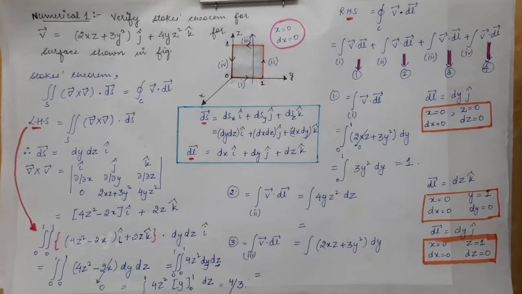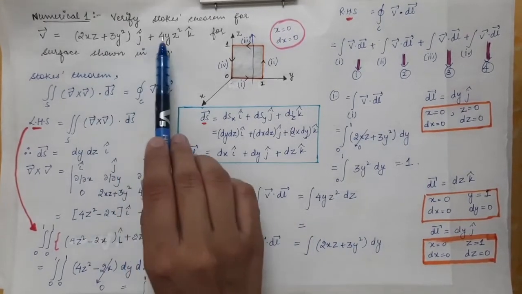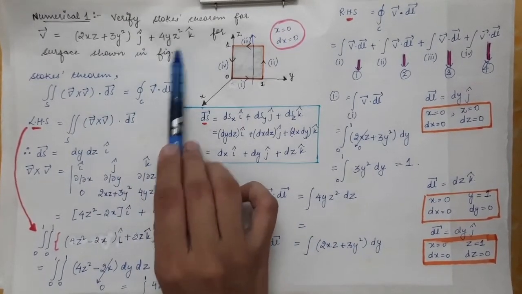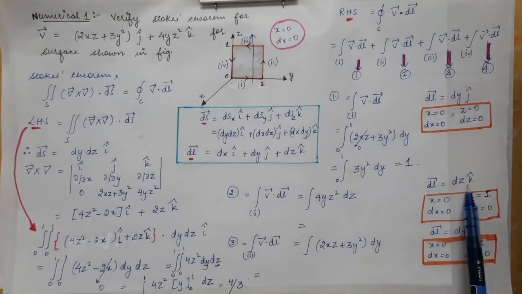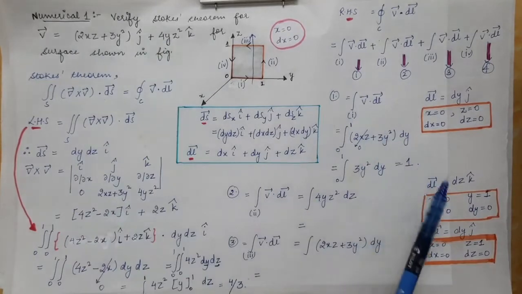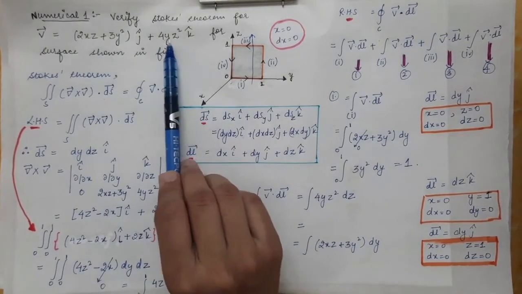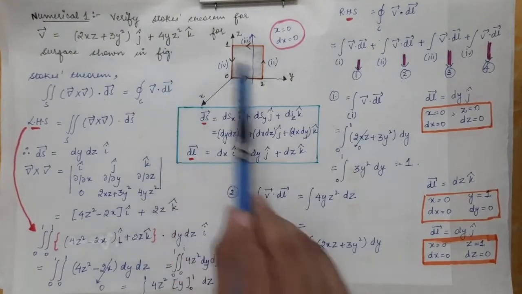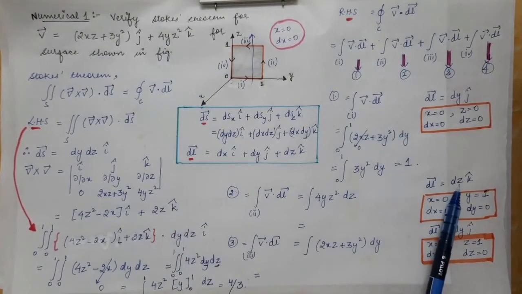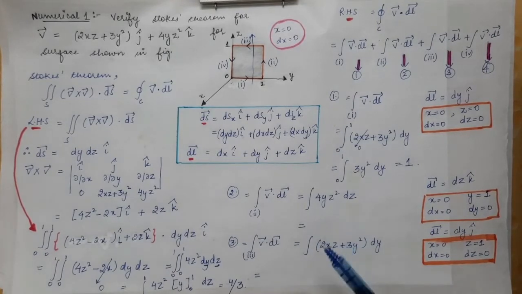Now we will put in the expressions of the v vector and dl vector. The v vector has a y component and a z component, and the dl vector has only the z component. So when you do the dot product of v vector with dl vector, you just get the z component, which is 4yz square into dz.